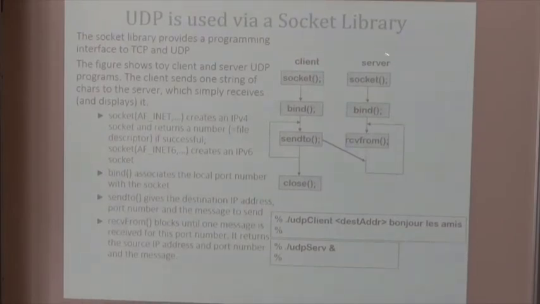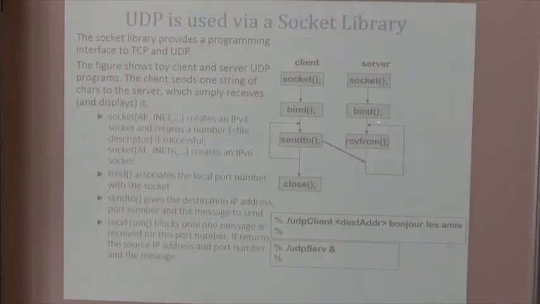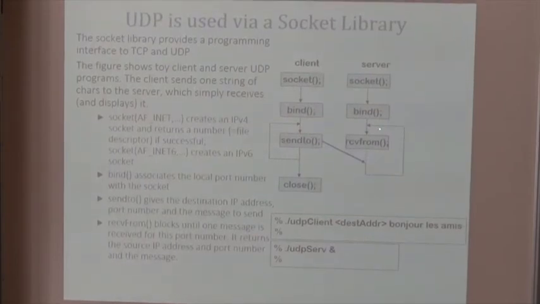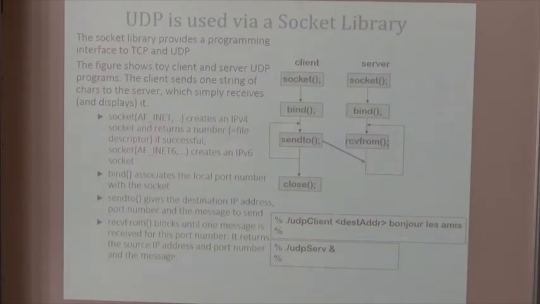On the server side, the server does the following thing. You do the same creation of socket and binding of the port number. But on a socket, you can do send, in which case you are client, or you can do receive. Receive means you say to the operating system, now I'm waiting for data to arrive and wake me up as soon as something has arrived.